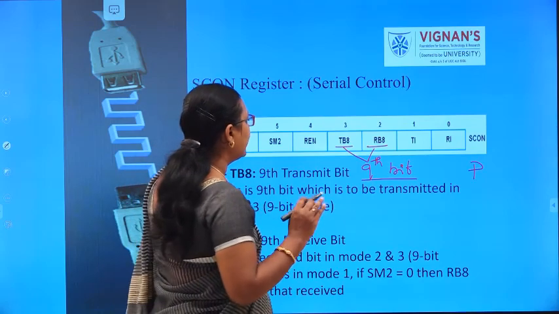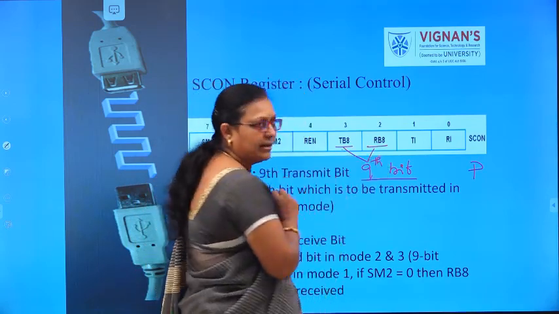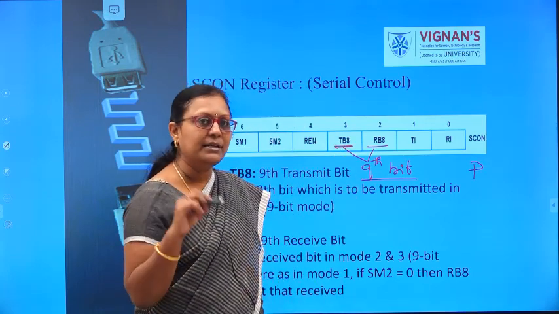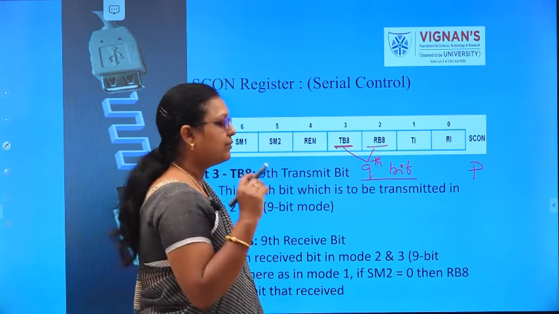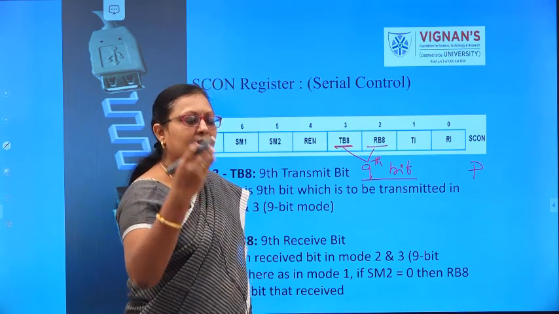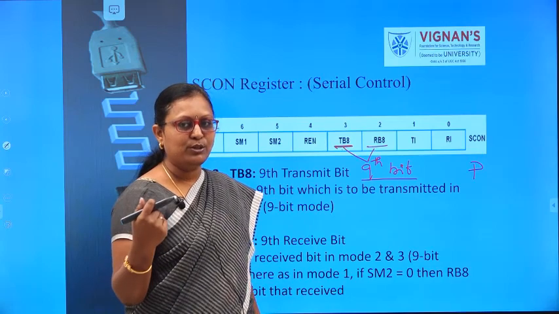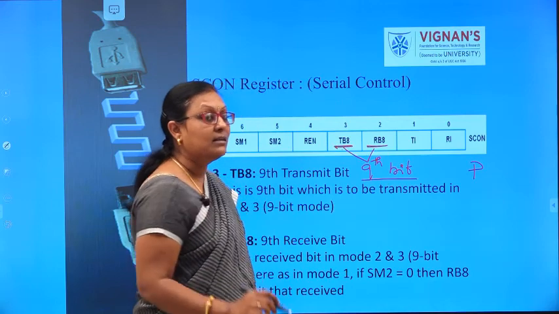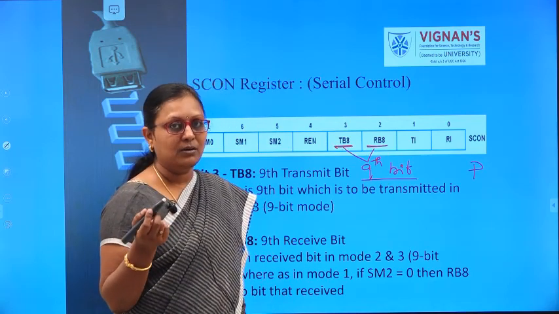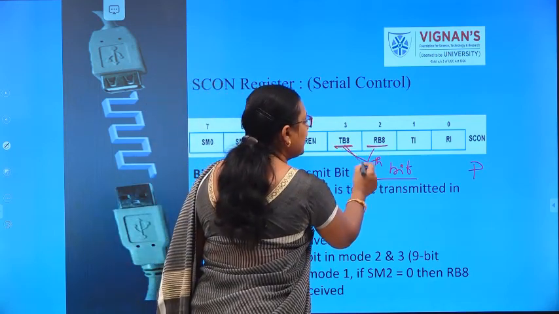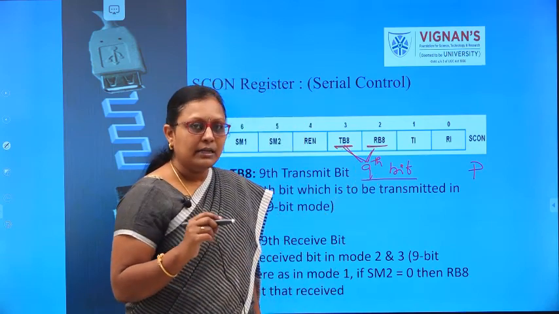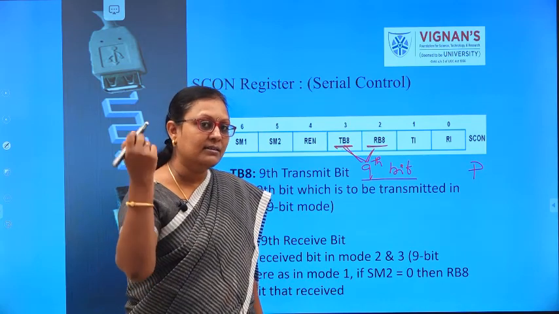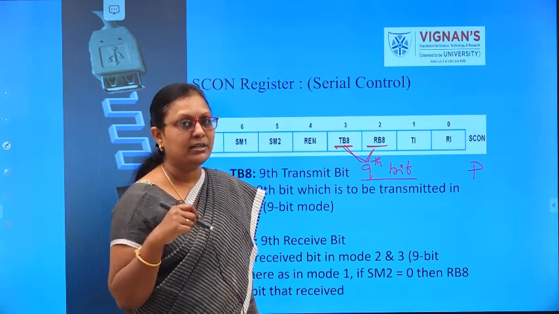So at that time we are using TB8 and RB8. TB8 is the transmit bit, the 9th transmit bit. If we are transmitting a 9th bit, then automatically we have to receive that bit also, so we use RB8 as the receive bit, the 9th receive bit. To specify the error code, we use the parity bit as the 9th bit in this UART serial communication.